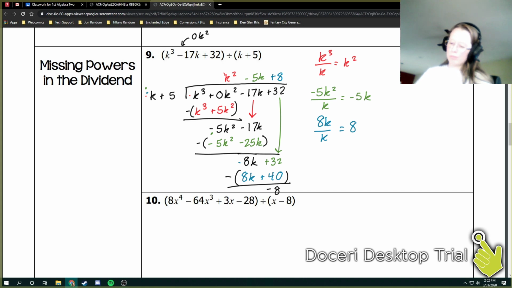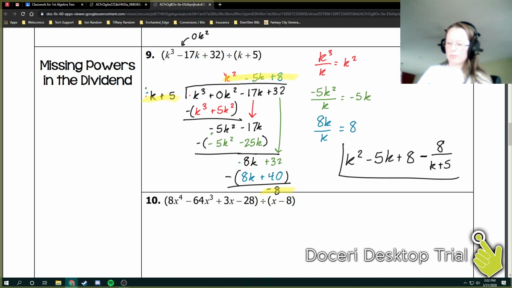Negative 8. Alright, so the parts that we care about are quotient, our remainder, and our divisor. So here we've got our answer as k squared minus 5k plus 8 minus, because our remainder was negative, 8 over k plus 5. Alright, last one.